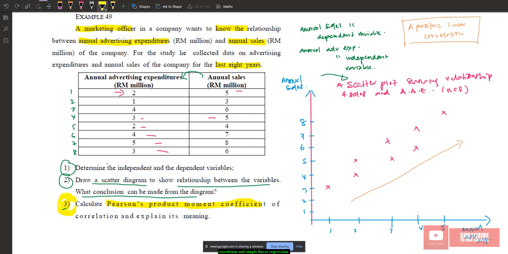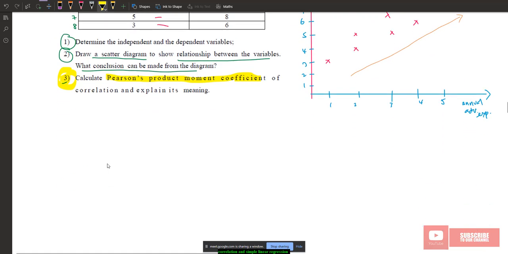But by calculating the Pearson product moment coefficient, we can know the strength of correlation, right? So now let's jot down the equation. R is equal to summation of xy minus summation of x multiplied with summation of y divided by n, then everything divided by the square root of this.